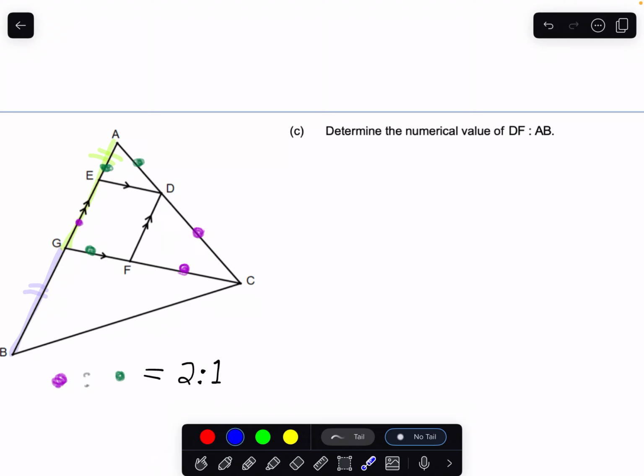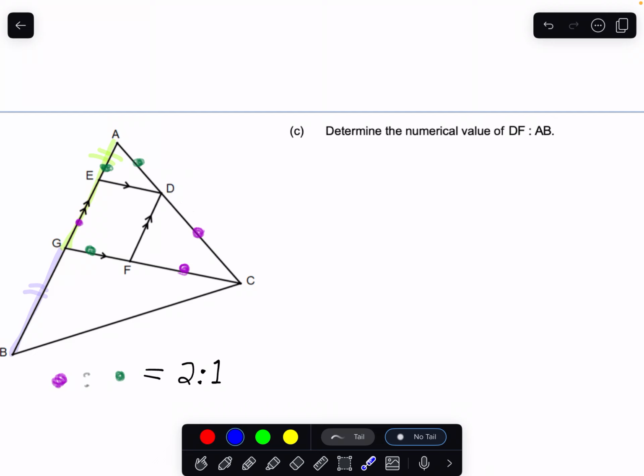So, Amina. If we look at what's going on in this system, we know that this triangle is similar to this larger triangle.